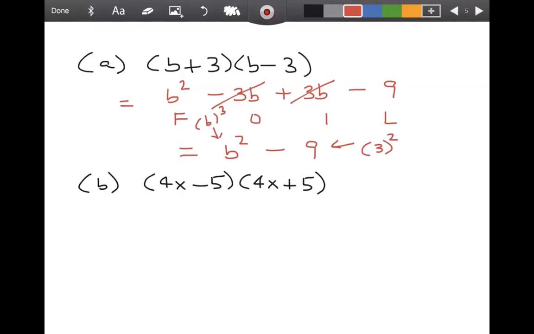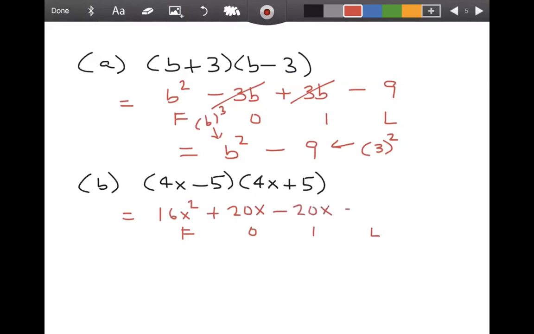All right, so now let's try this one: 4x minus 5 times 4x plus 5. 4x times 4x is 16x squared. 4x times 5 is plus 20x. Negative 5 times 4x is minus 20x.